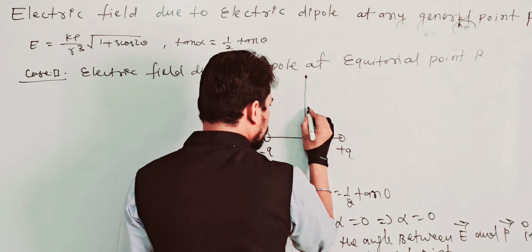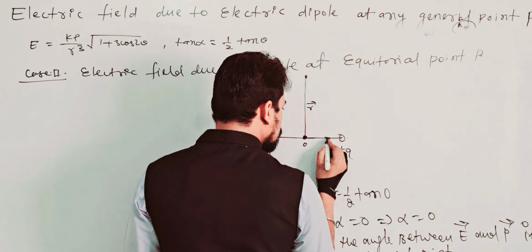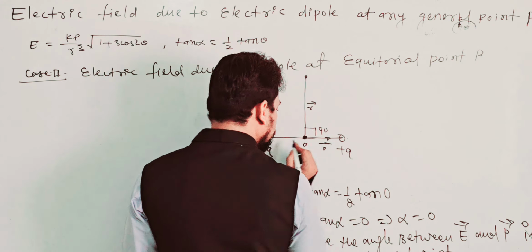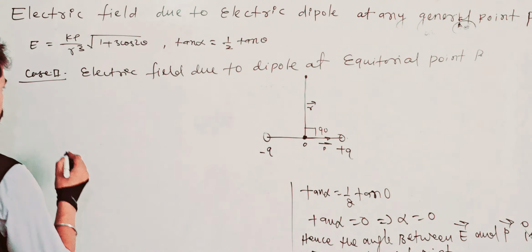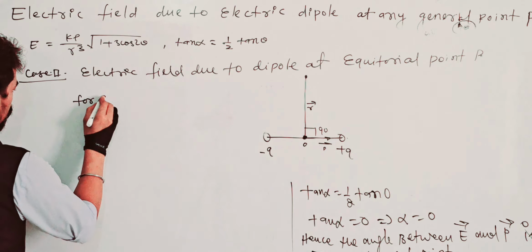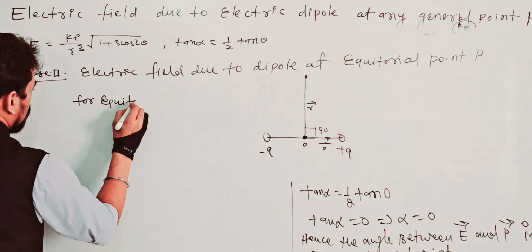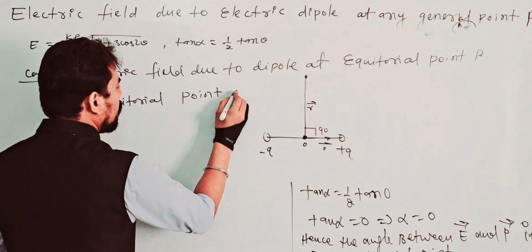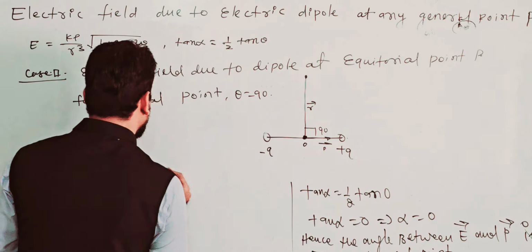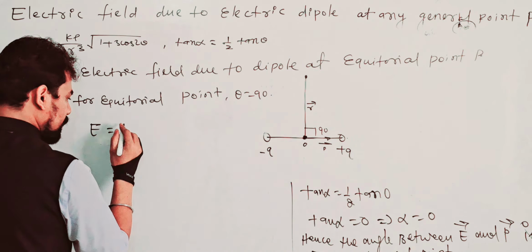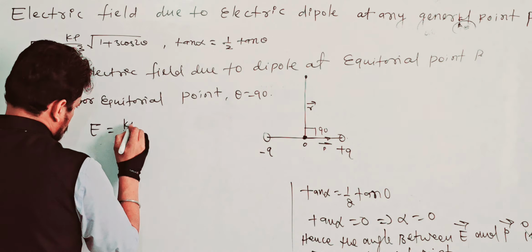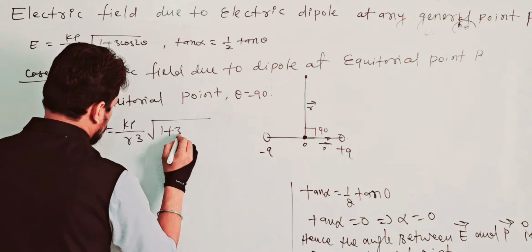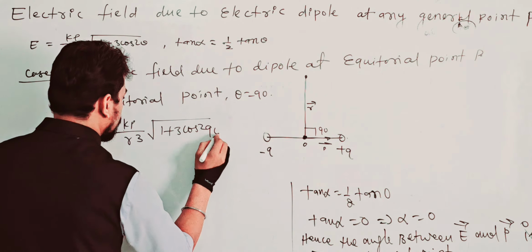So you can see this is R vector, this is P vector, and this angle is what? 90 degree. So for the equatorial point, theta equals 90 degree. So in the general formula we put E equals Kp by R cube under root 1 plus 3 cos square 90.